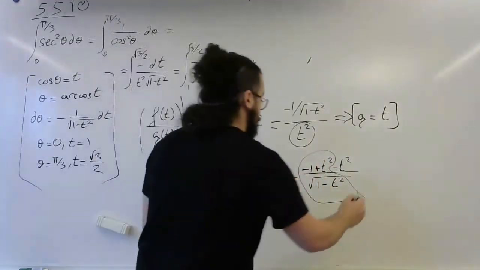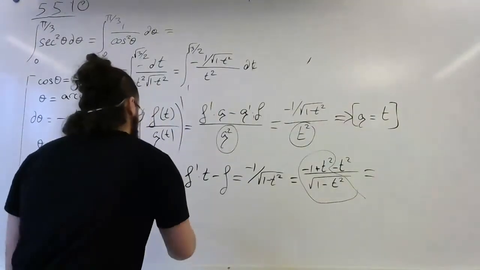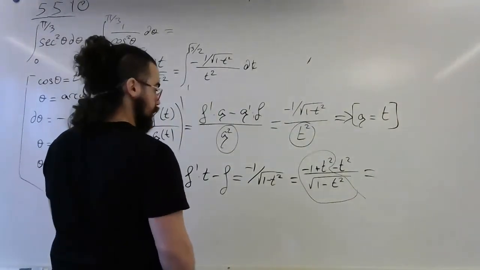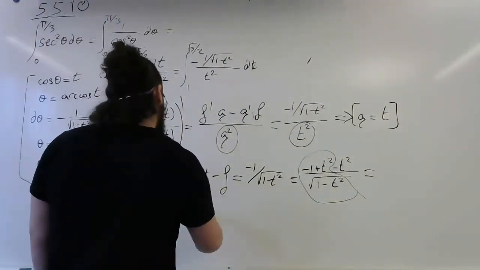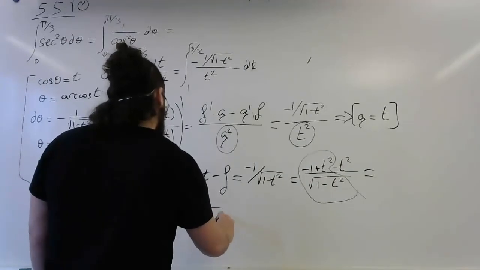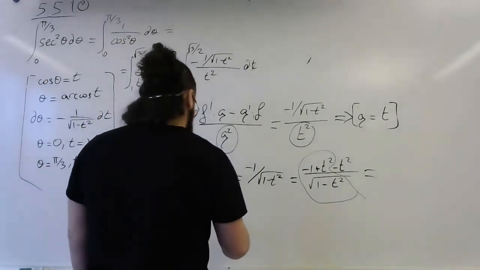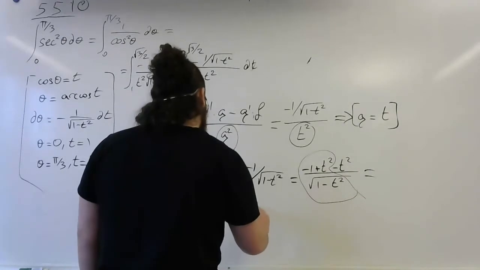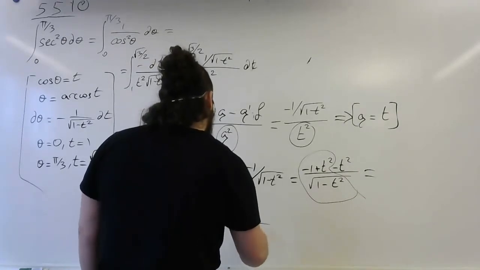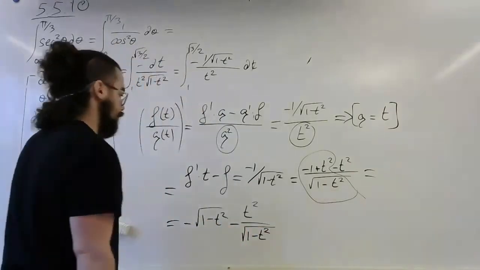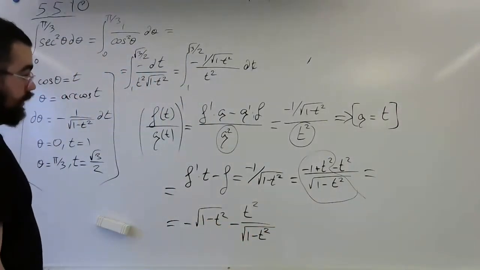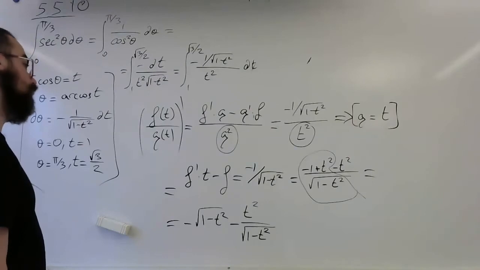You look at that? This is minus square root of 1 minus t squared, minus t squared over that thing right here.